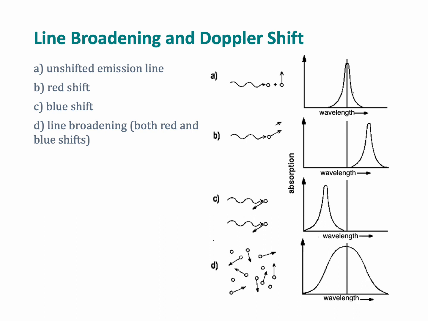Finally, in D, we see a really broad or fat absorption line compared to the other three. In this case, we're looking at the effect of motion away from the Earth and towards the Earth. Here, we're looking at the individual atoms in the star.